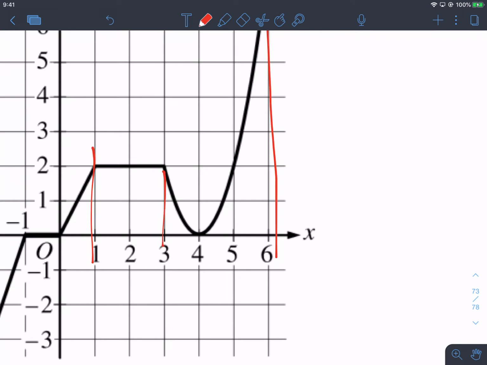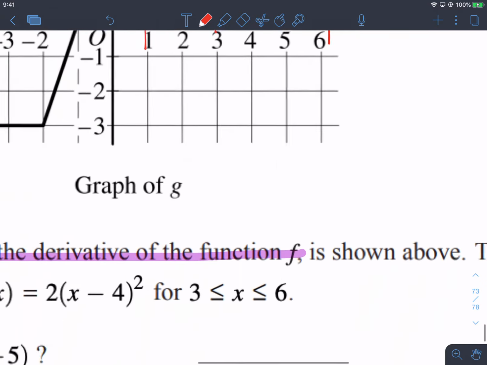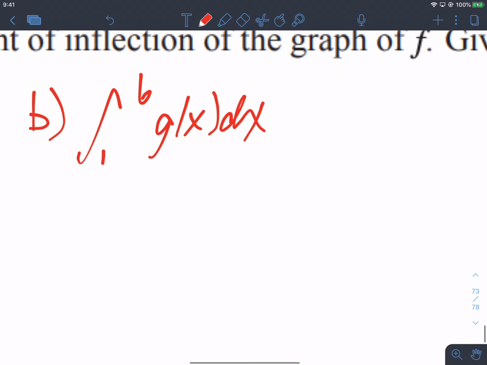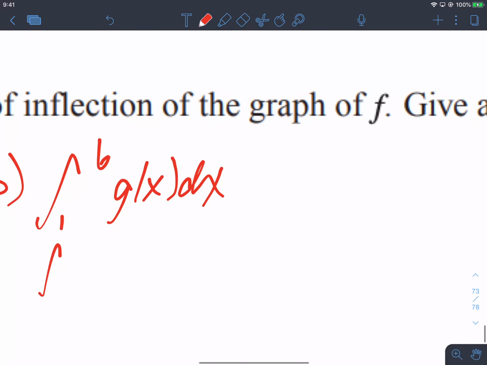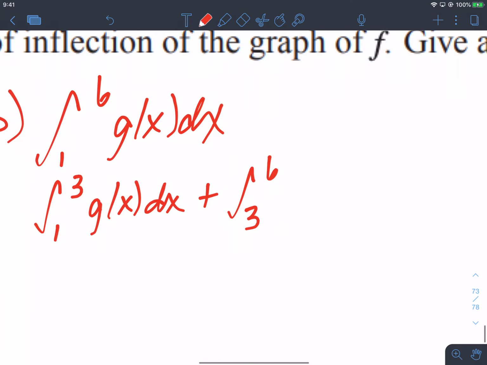From 1 to 3 is just a regular area under the curve, and then from 3 to 6 is the parabola. Okay, so let's break this up from 1 to 3, and then add on the area from 3 to 6.